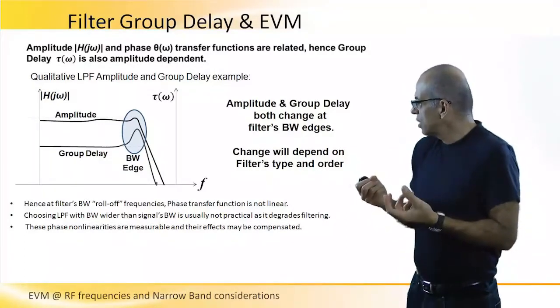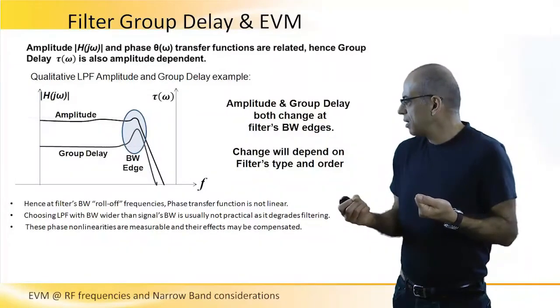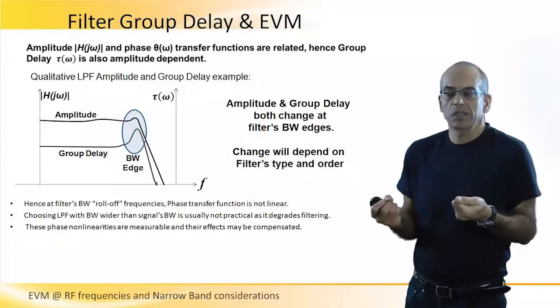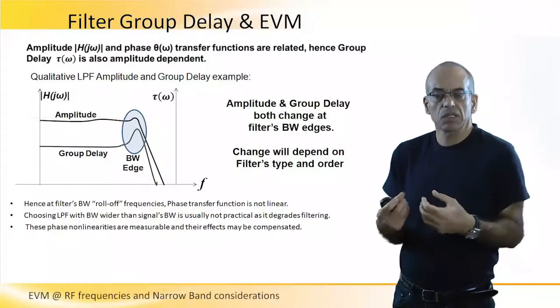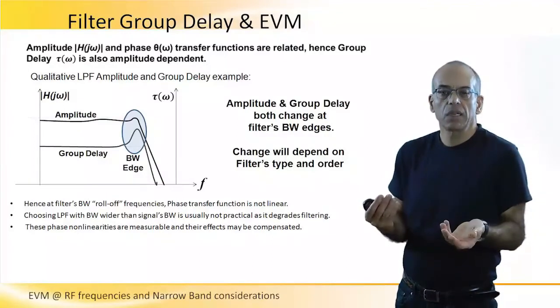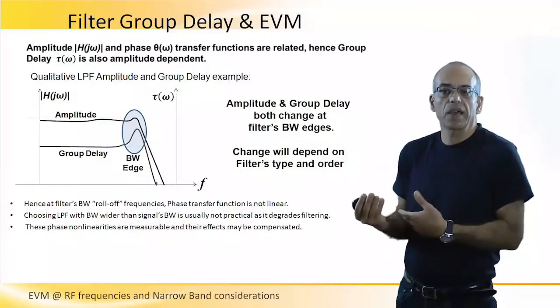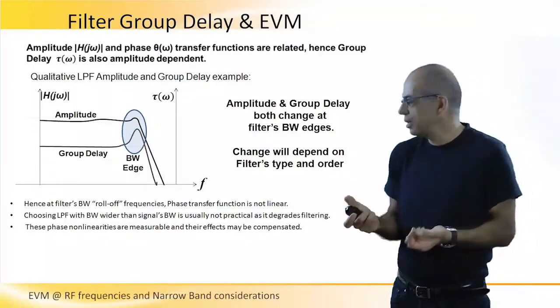As we did with amplitudes, we can do a similar learning of this impairment in testing, and then compensate for it. And in digital domain, we can offset these phase errors created by a group delay at the band edge.